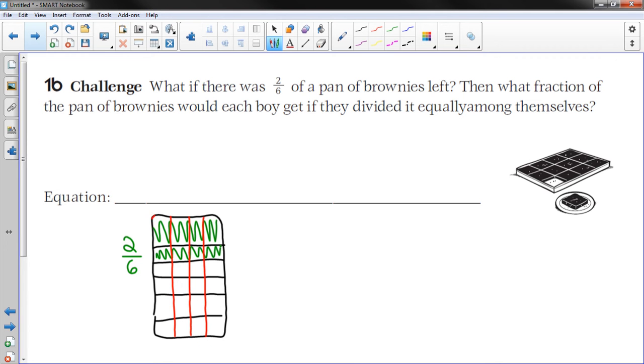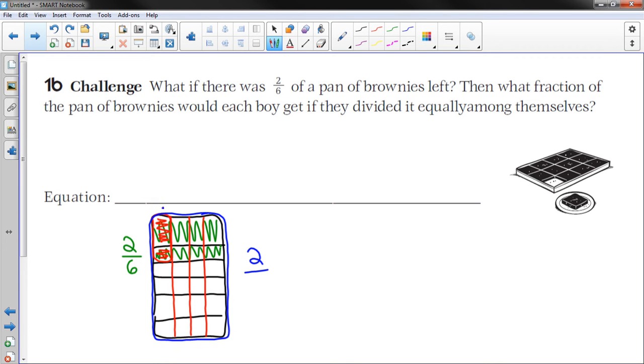So each kid is going to get this amount out of the original pan, which is this whole thing. So they're going to get 2 out of, how much is there?